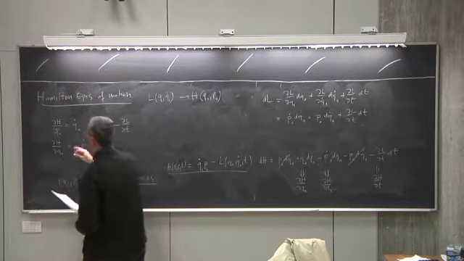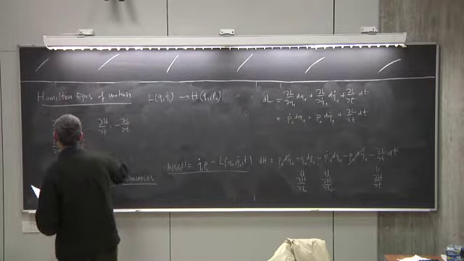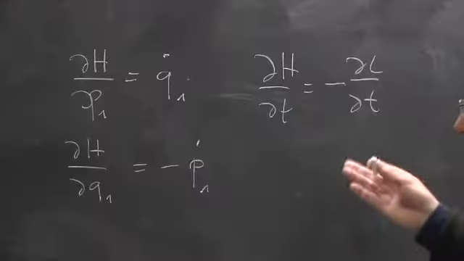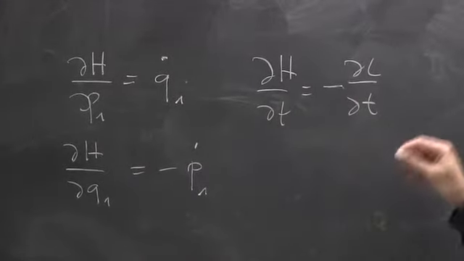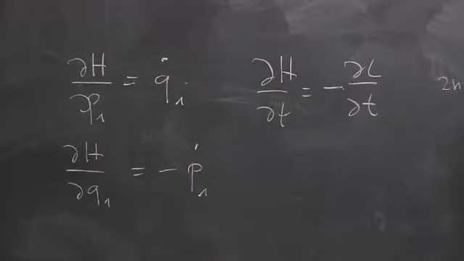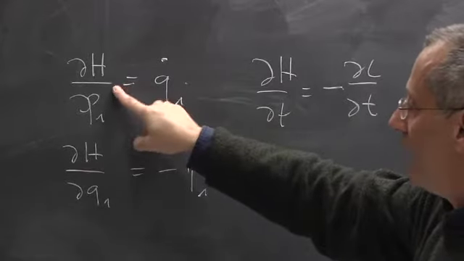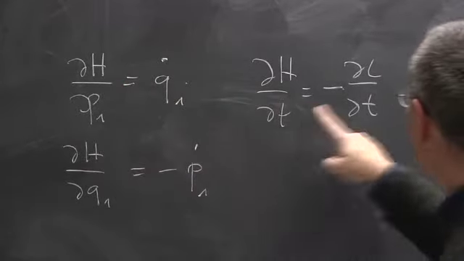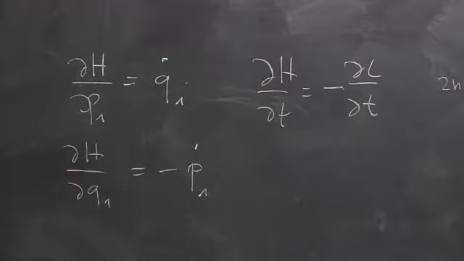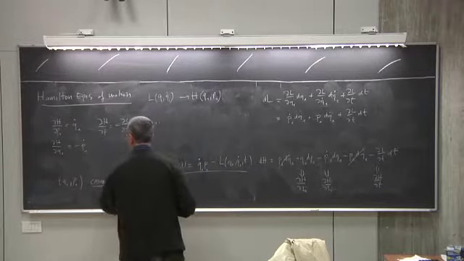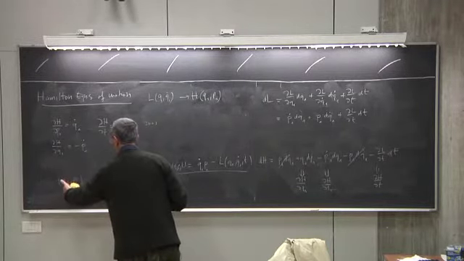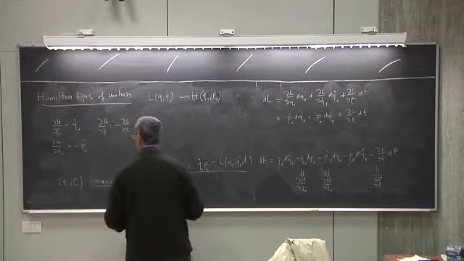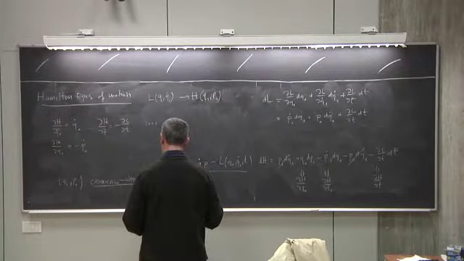So these are the Hamilton equations, or the canonical equations, and you see that there are 2n plus 1 first order differential equations, in the 2n canonical variables q_i, p_i.